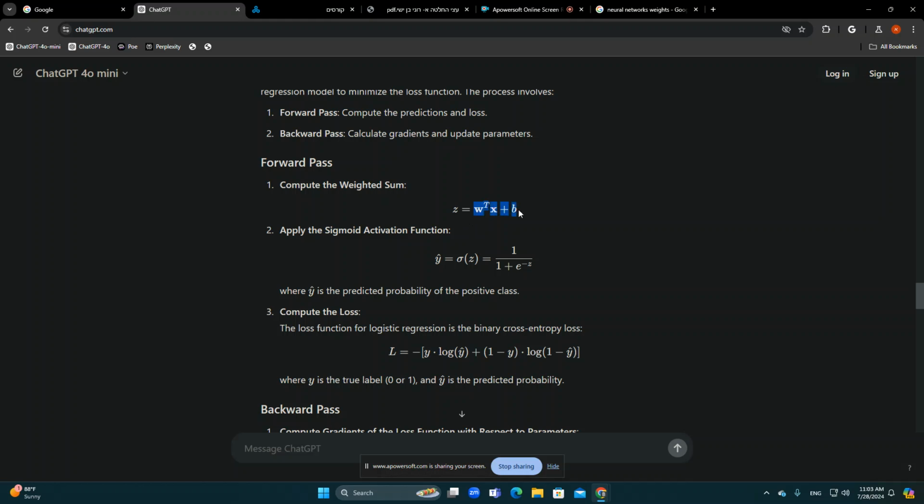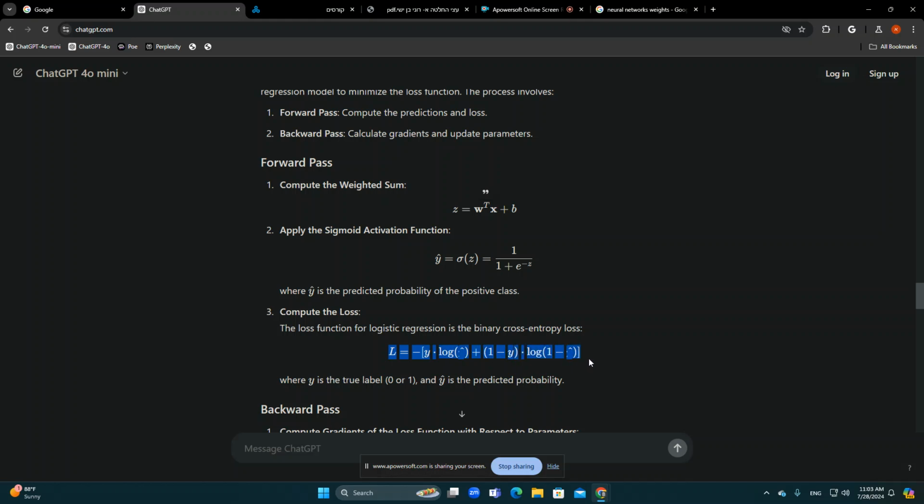So this is the summing up. We will call that z, and then we are applying the sigmoid function. We will call that y hat. We're applying the sigmoid function on the z, which is the summing, and here is the minus z.